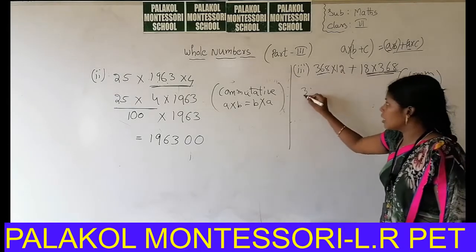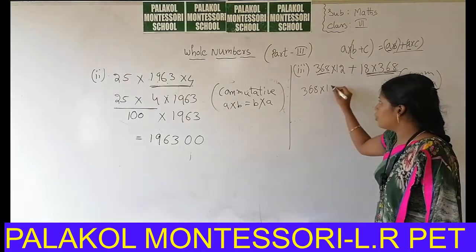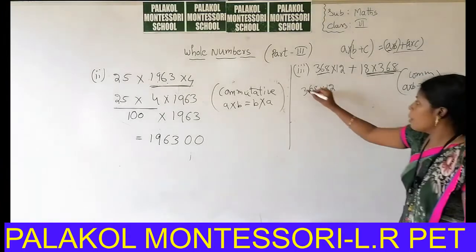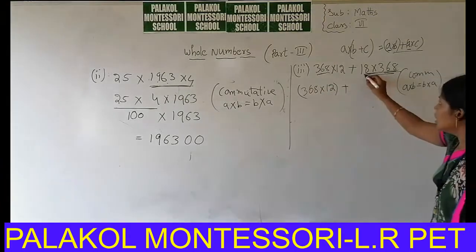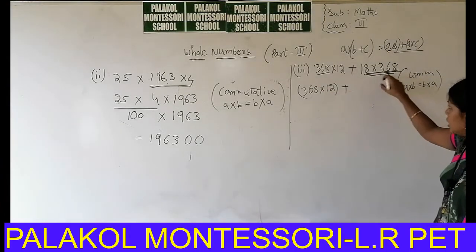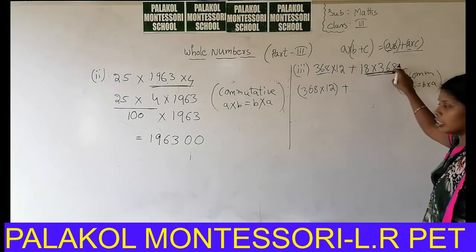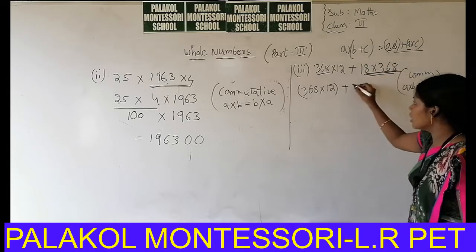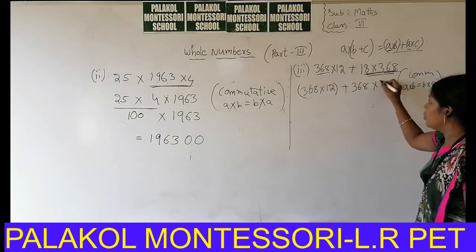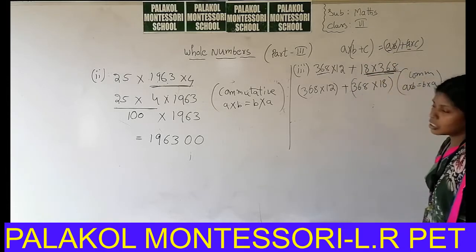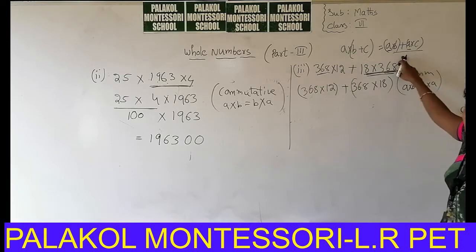So write the same 368 into 12, plus, using the commutative property on these two numbers, the order can be changed. So 18 comes second and 368 comes first: 368 into 18. Is this equal to the distributive property or not?